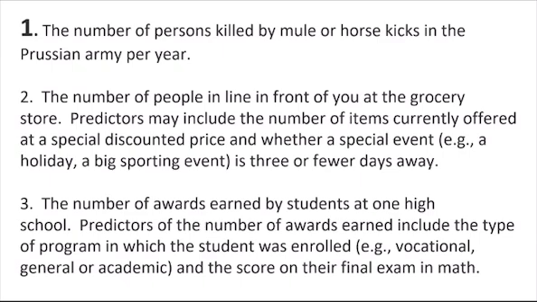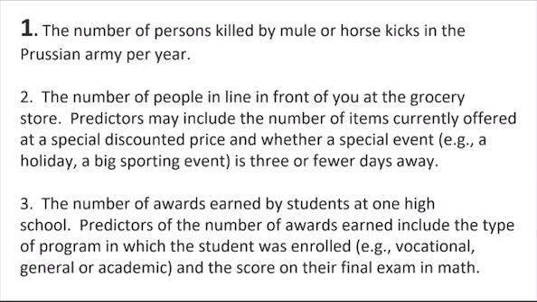Another example here is the number of awards earned by students at one high school. The number of awards is not continuous. The number of awards is not categorical. The number of awards is a count.